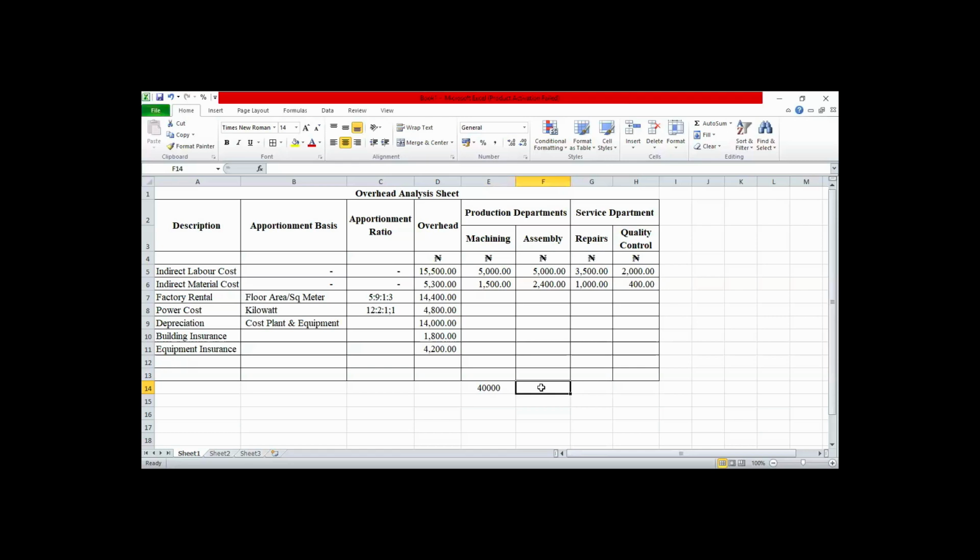Assembly, 15,000 naira. Then for repairs, 5,000 naira. For quality control, we have 10,000 naira.